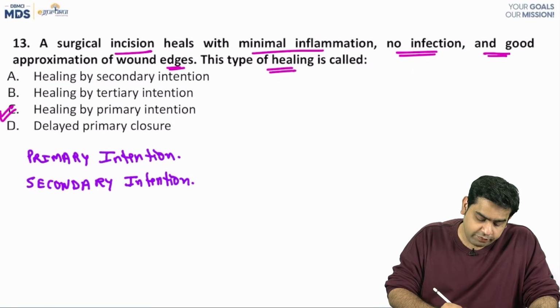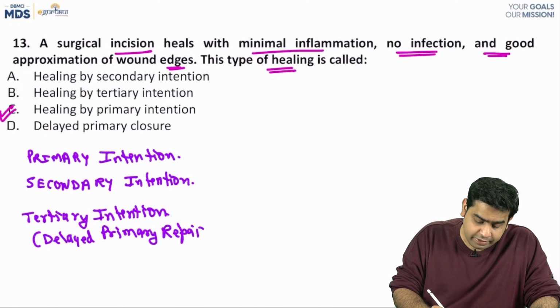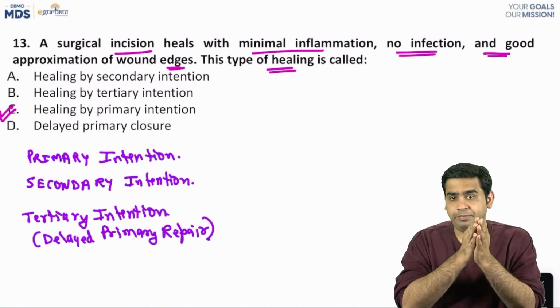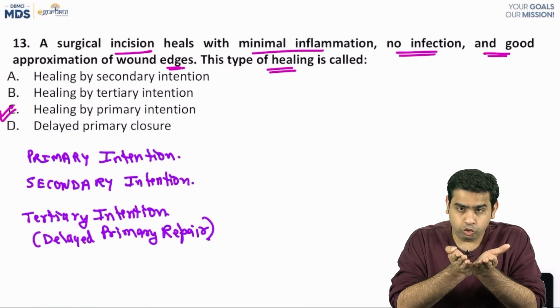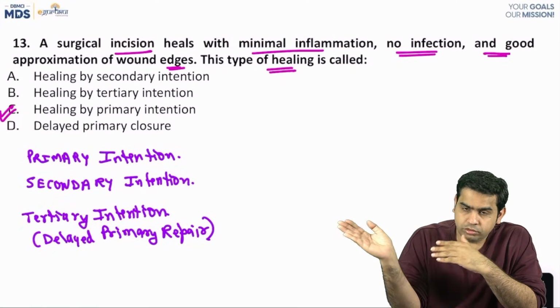Then there is something called healing by tertiary intention. What is this healing by tertiary intention? This is what is called a delayed primary repair. Here, you leave the wound open, but not for a long time.